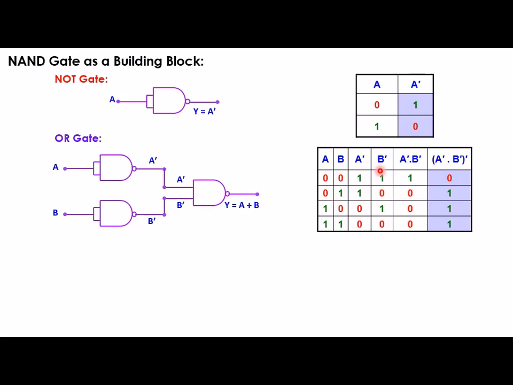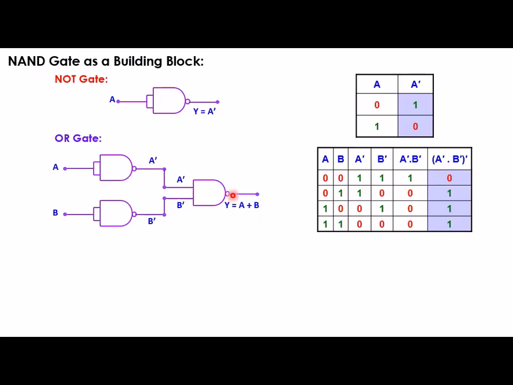These two outputs are again fed to this NAND gate. The output of this AND gate will be A complement and B complement, which is nothing but 1, 0, 0 and 0. Only when both the inputs are 1, you get an output equal to 1.